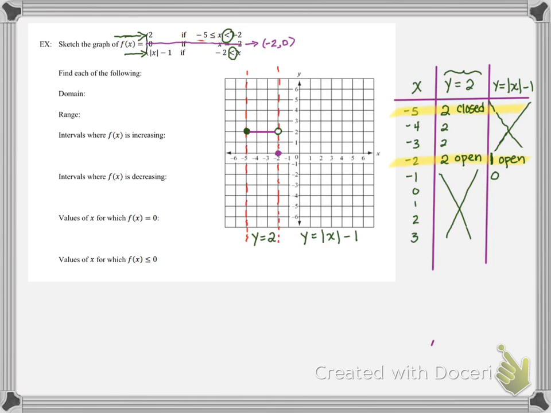So 0 - 1 is -1, 1 - 1 is 0. Oh, there, now it turned around. So now I know that I've got the bottom of my V accounted for. And you could keep going here if you wanted to. So we have an open point at 2, 1.